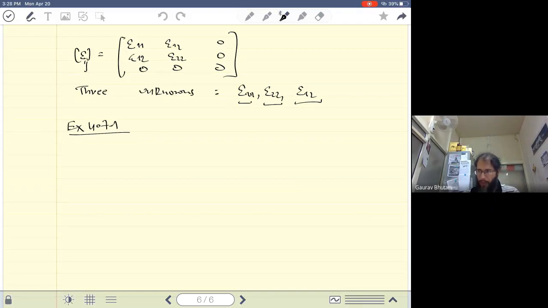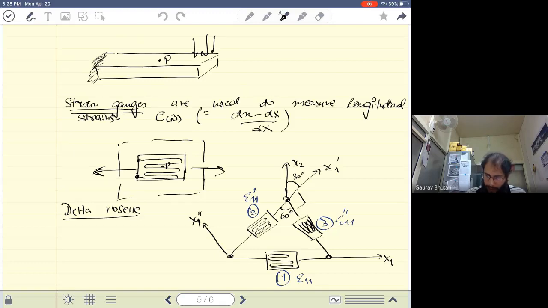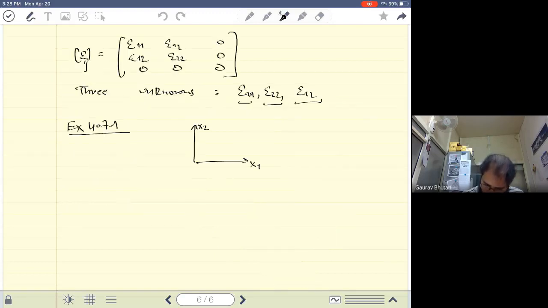Again, how do we relate epsilon 1 1? It's quite straightforward. Let's think of this: that's your x1 direction and this is your x2 direction, and the 1 prime direction was 30 degrees with the vertical.